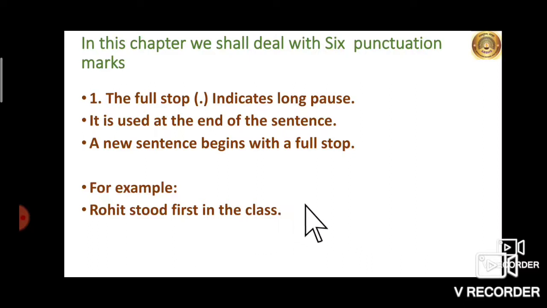After this full stop, when a new sentence will start, it will first of all start with a capital letter. Suppose Rohit stood first in the class and Rohit is smarter in the class than other students, or Rohit is also good in drawing. Then the first letter of that word will be capital.